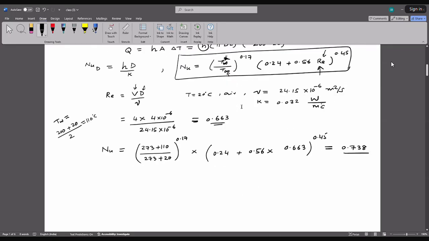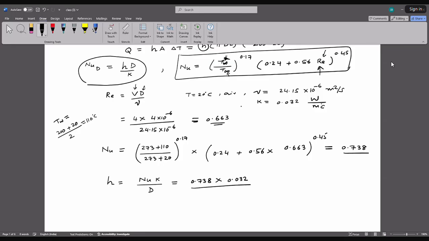So if the Nusselt number is calculated, the heat transfer coefficient H, from this formula, is the Nusselt number into thermal conductivity divided by the diameter. So 0.738 into thermal conductivity, which is 0.032, divided by D, which is 4 into 10 to the minus 6.